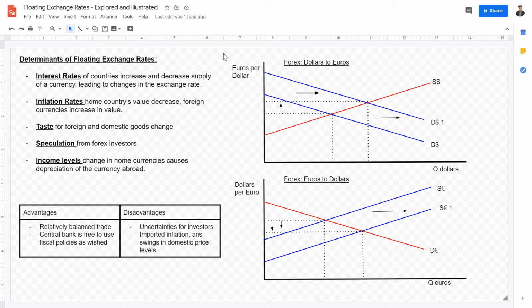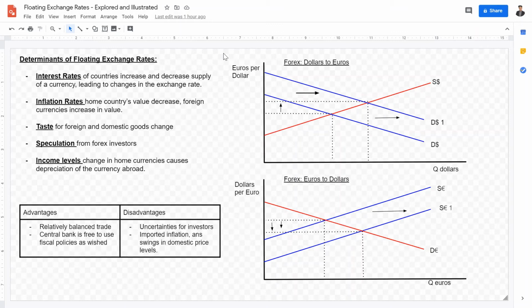will be relatively balanced. Now, another advantage for a floating exchange rate is the central bank is free to use fiscal policies and monetary policies for the government as they wish. So once again, we have our macroeconomic objectives: sustainable growth, low unemployment, inflation kept low.